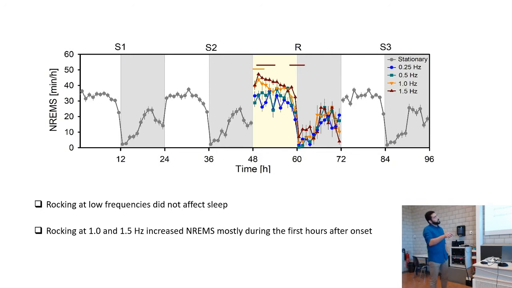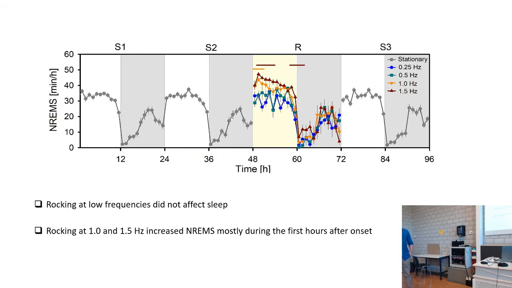Here you can see the response at 0.25 hertz rocking in blue, in green 0.5, orange 1, and dark red 1.5. And I hope you can also see that the last 2, the faster frequencies, actually had an effect. This effect, especially in the case of 1 hertz, was mostly in the first hours after rocking onset.